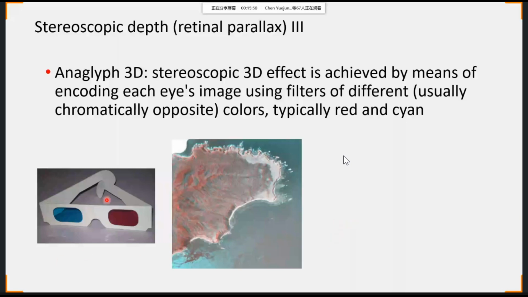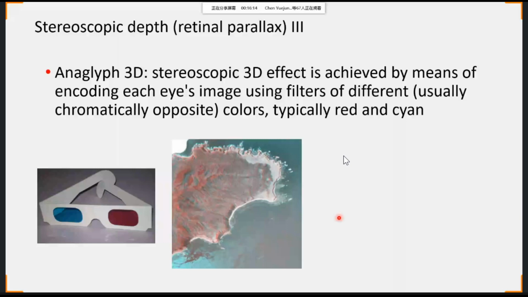But you need of course these glasses to separate the two images. In fact, the two images are printed here within one, but in two different colors. And one color blocks the other color, and therefore you see only one. And so the two different images reach our brain.